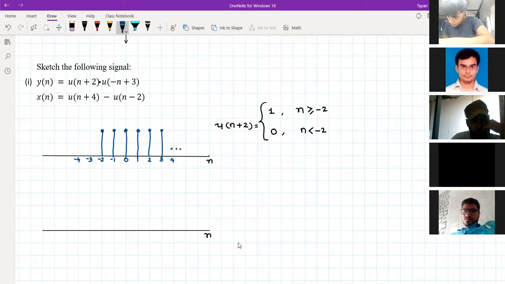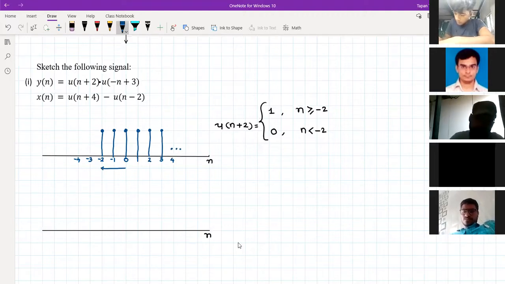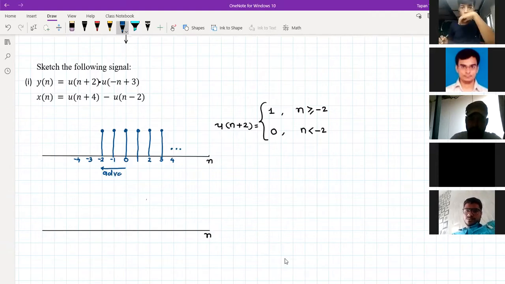So it continues up to infinity. There is an advance of the signal.